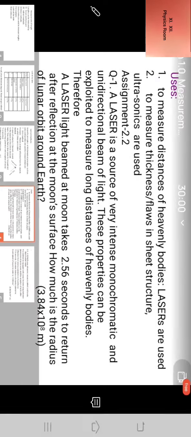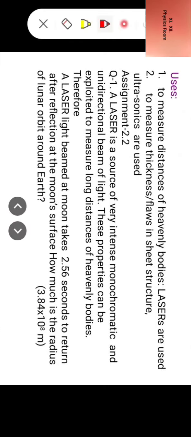Therefore, a laser light beamed at moon takes 2.56 seconds to return after reflection at the moon's surface. How much is the radius of lunar orbit around Earth? And the answer would be 3.84 into 10 raised to power 8 meters.